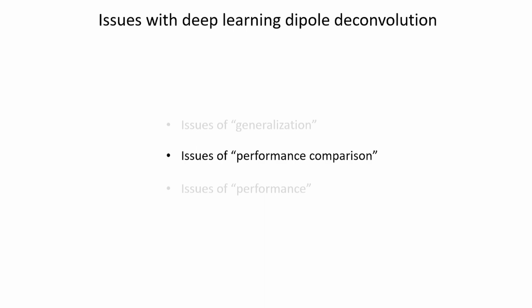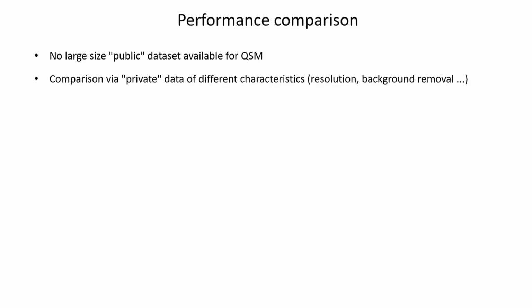Okay, if I move to the next topic, it is a bigger problem from my perspective: performance comparison. So now you are comparing two different networks, the one from the literature, the other one from your own. The problem of the current status is the fact that we don't have any public data for QSM. Well, my lab shares some of the data sets, and I believe some other people are sharing data sets as well.